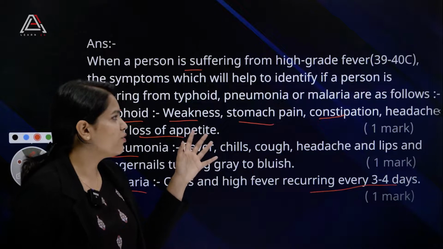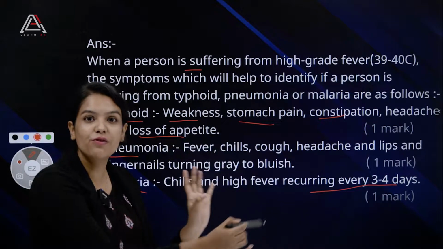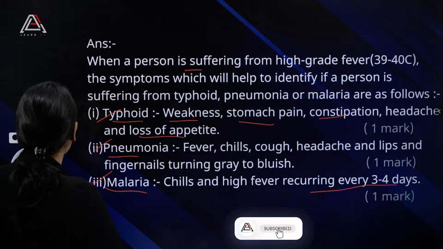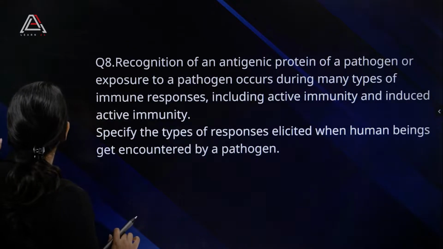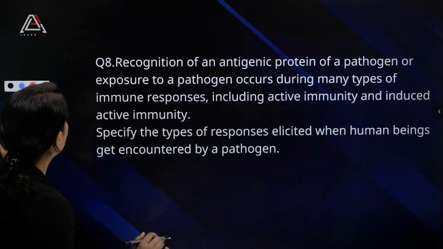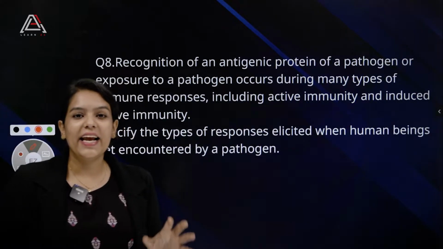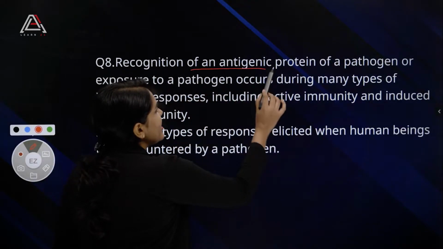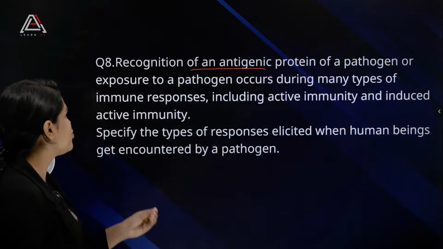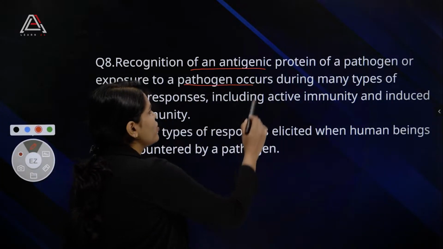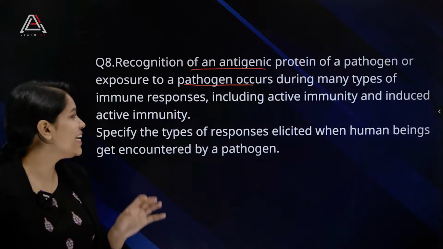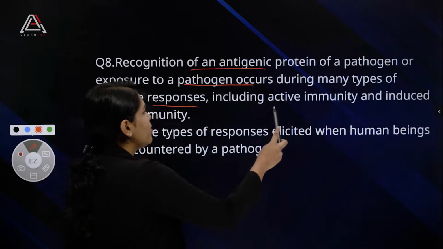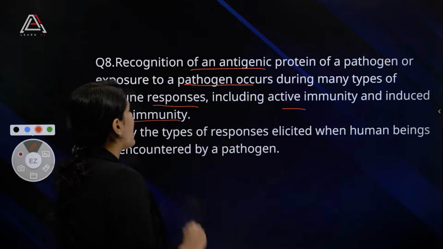Now you can see, you have seen different types of questions all through the question paper until now. Let's move on and see what other types of questions we can see in this entire question paper. Moving on to the 8th question. It says: recognition of an antigenic protein of a pathogen or exposure to a pathogen occurs during many types of immune responses, including active immunity and induced active immunity.